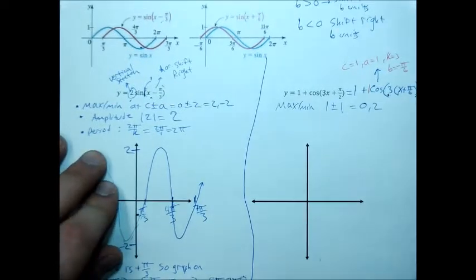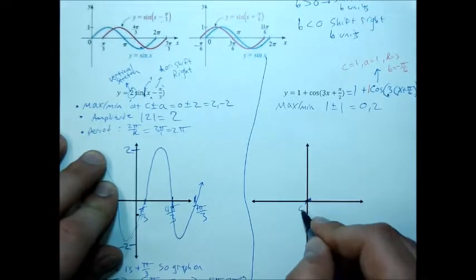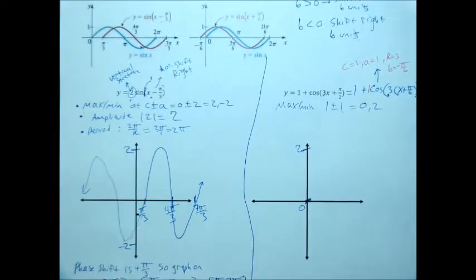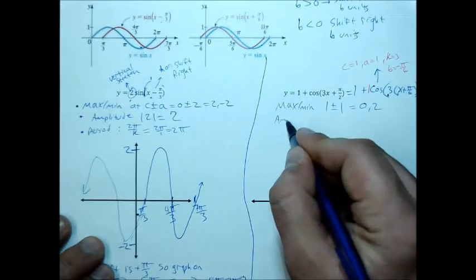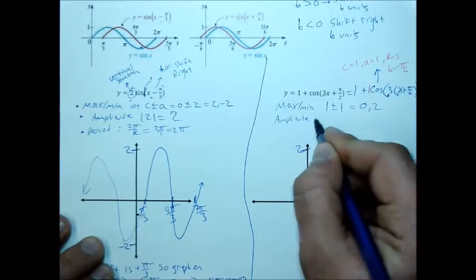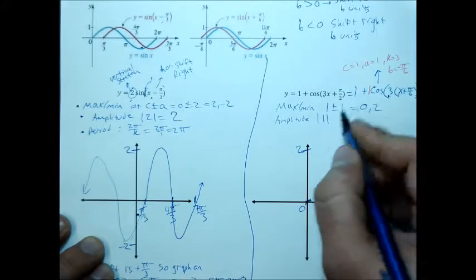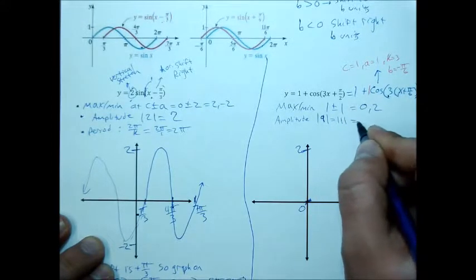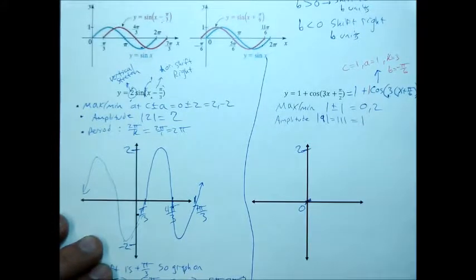So I know the lowest this graph gets is 0, and the highest it gets is 2. The amplitude is the absolute value of A, which is the absolute value of 1, and so 1. That means the height of one of the peaks is 1.